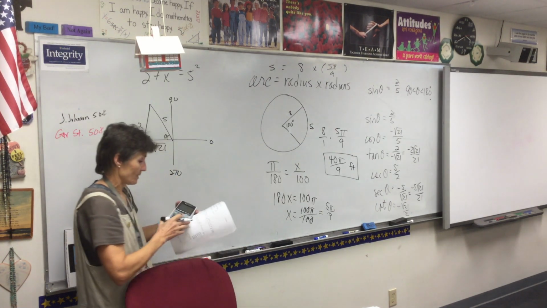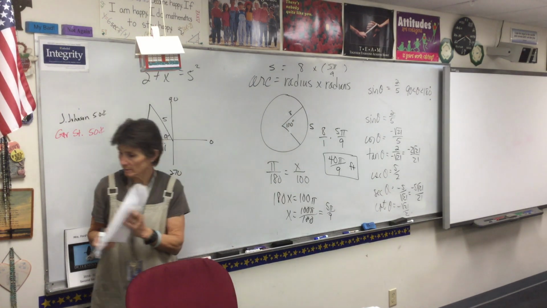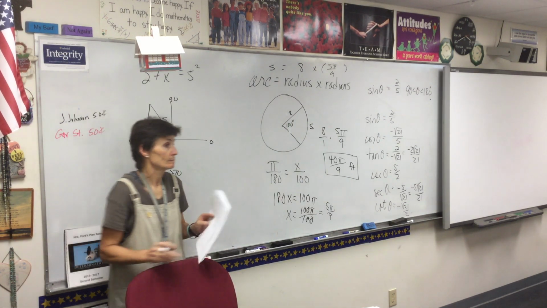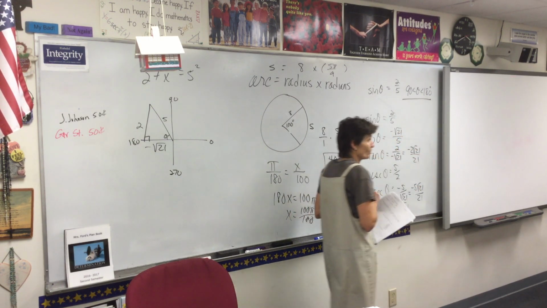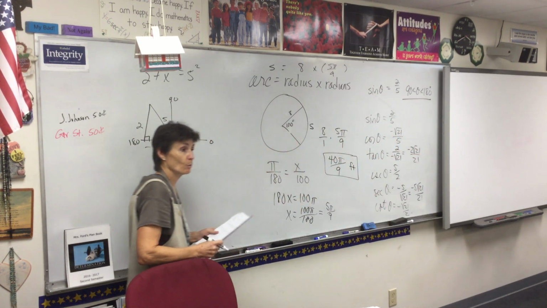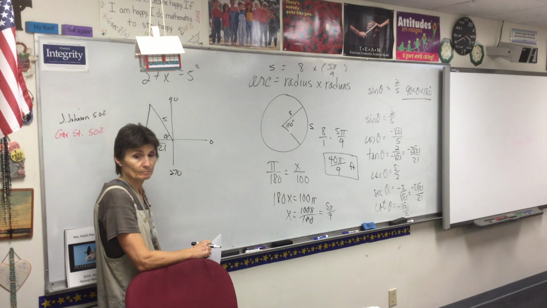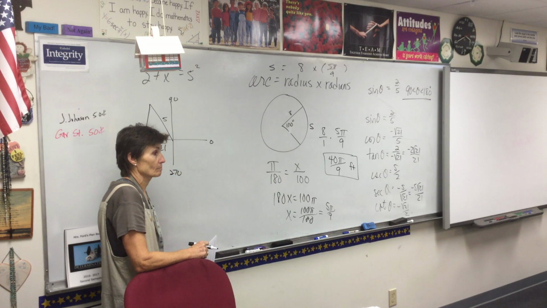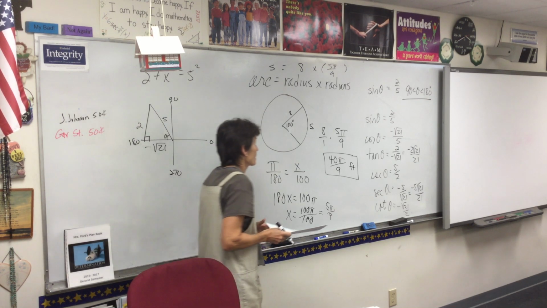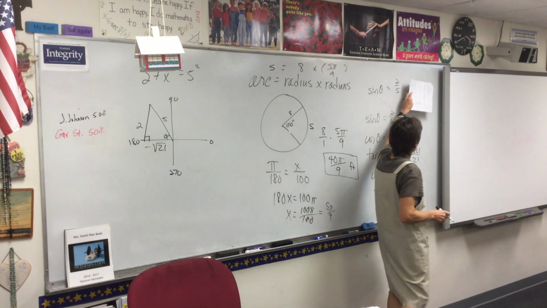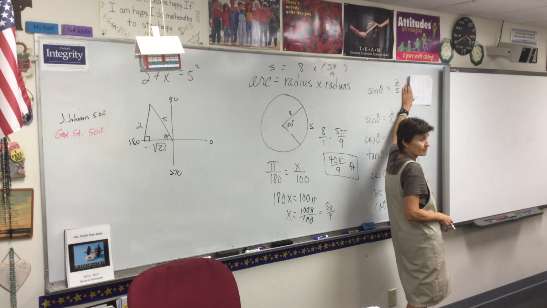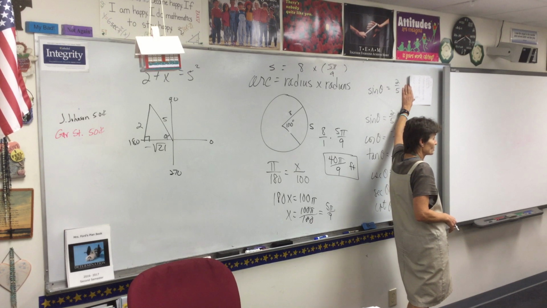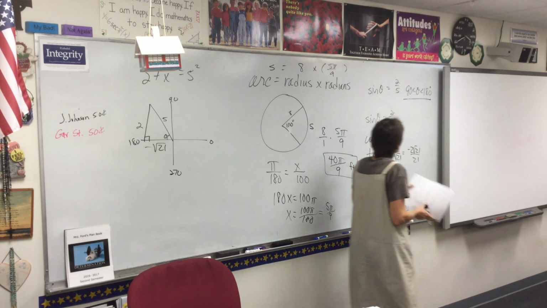Anybody have a question about one of those? You've got to pay attention to this right here though, right? Because that tells you where to draw the picture, and then you know what to make negative. What if that weren't there? Where would you draw it? Quadrant 1, right? Unless you're told otherwise, you're going to draw in quadrant 1.